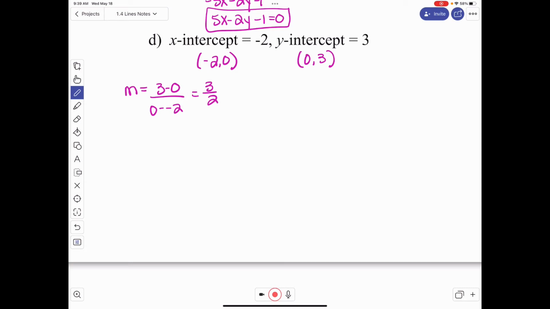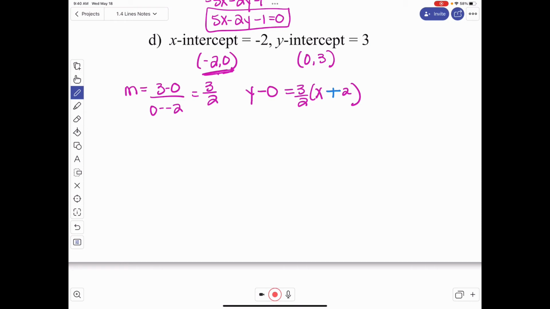And now I can just pick a point, either one, to plug into point slope form. So I'm going to do this one. So y minus 0 equals 3/2 times x minus -2, which we know the double negatives are going to turn to a plus right there.